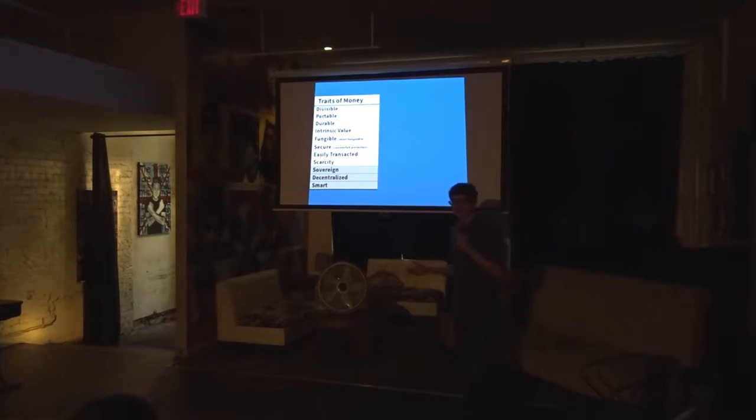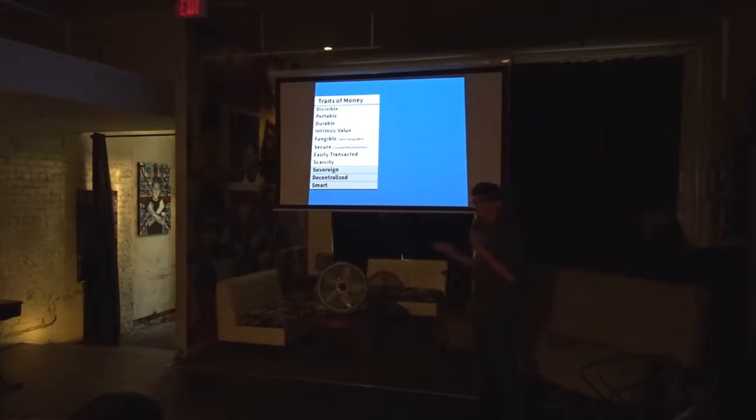Durable, it needs to be able to last. You don't want your currency to disappear on you or rot on you. Intrinsic value, one of the most important. Aristotle said that all currency and all money should have a value to it other than what you say it's worth. If it was worth nothing to someone in trade, it should still have some use or value to you.